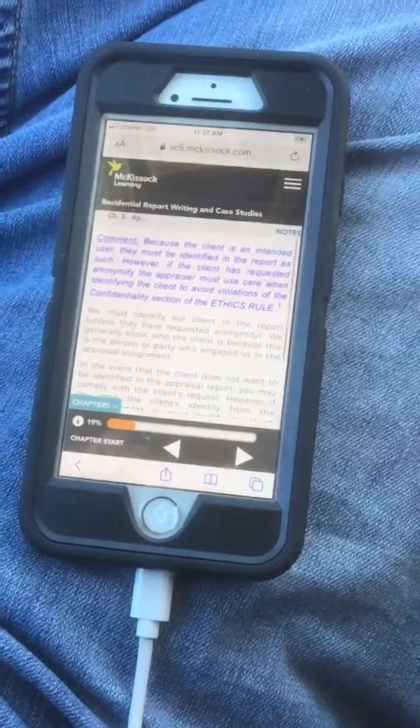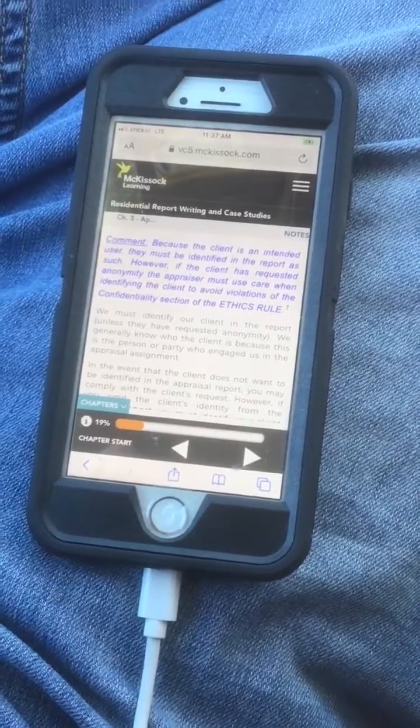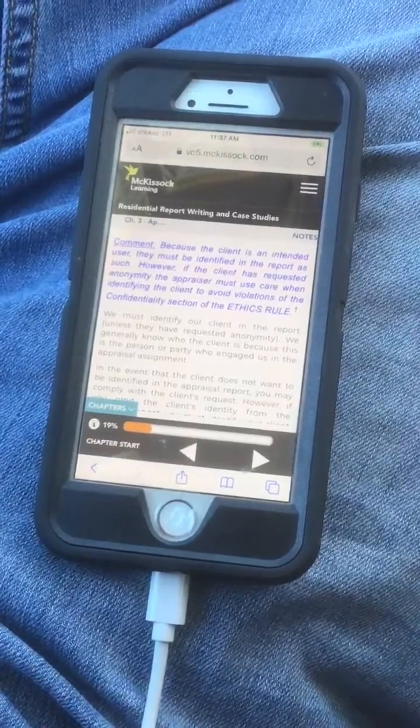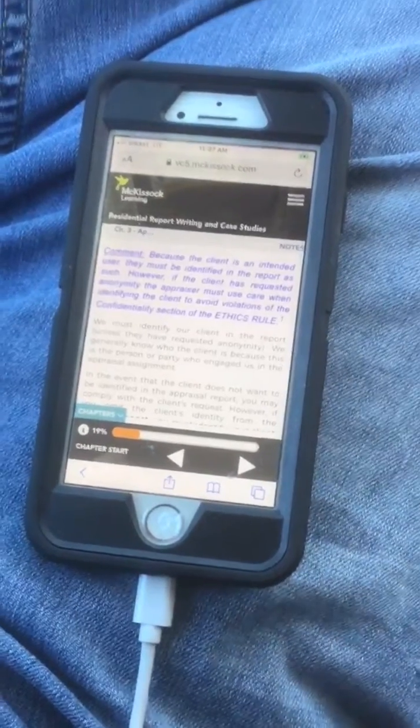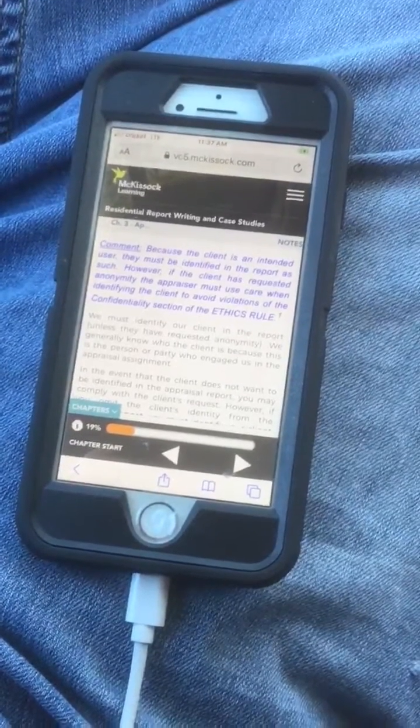Comment. Because the client is an intended user, they must be identified in the report as such. However, if the client has requested anonymity, the appraiser must use care when identifying the client to avoid violations of the confidentiality section of the ethics rule.